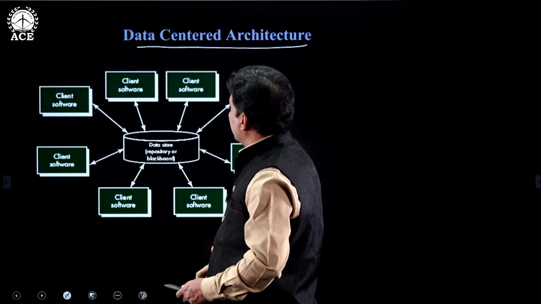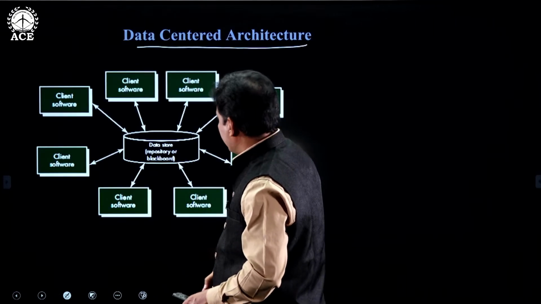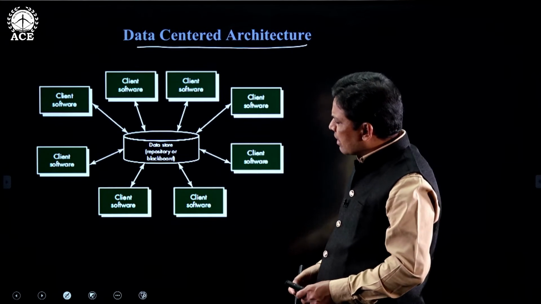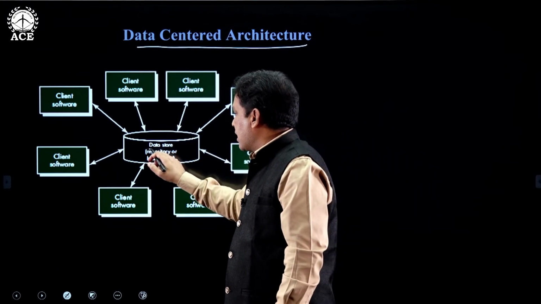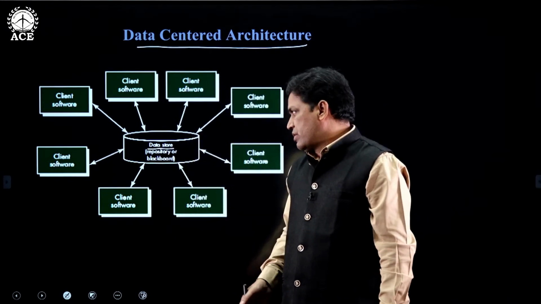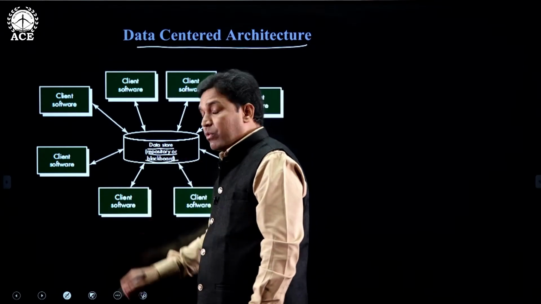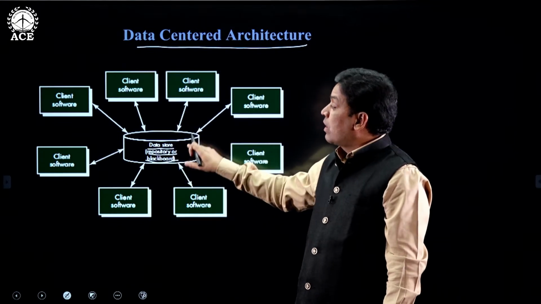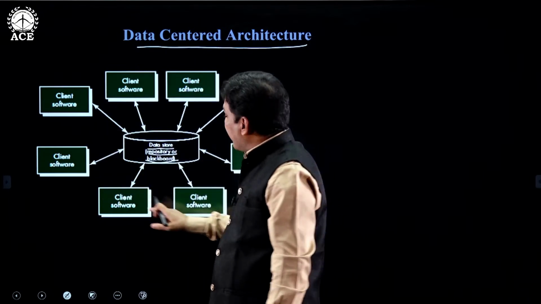Data-centered architecture. What is the importance of this data-centered architecture that we'll discuss? In data-centered architecture, the data is placed at a central location, which we call the data store. The data is stored at a central location, right? And by using a repository or blackboard, that centrally stored data can be accessed and shared by multiple clients.